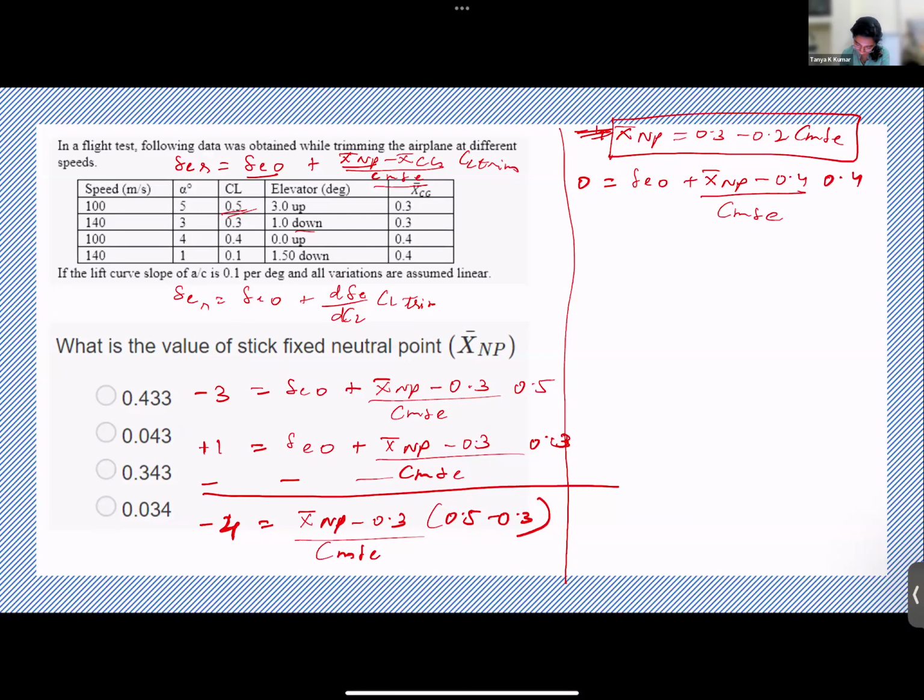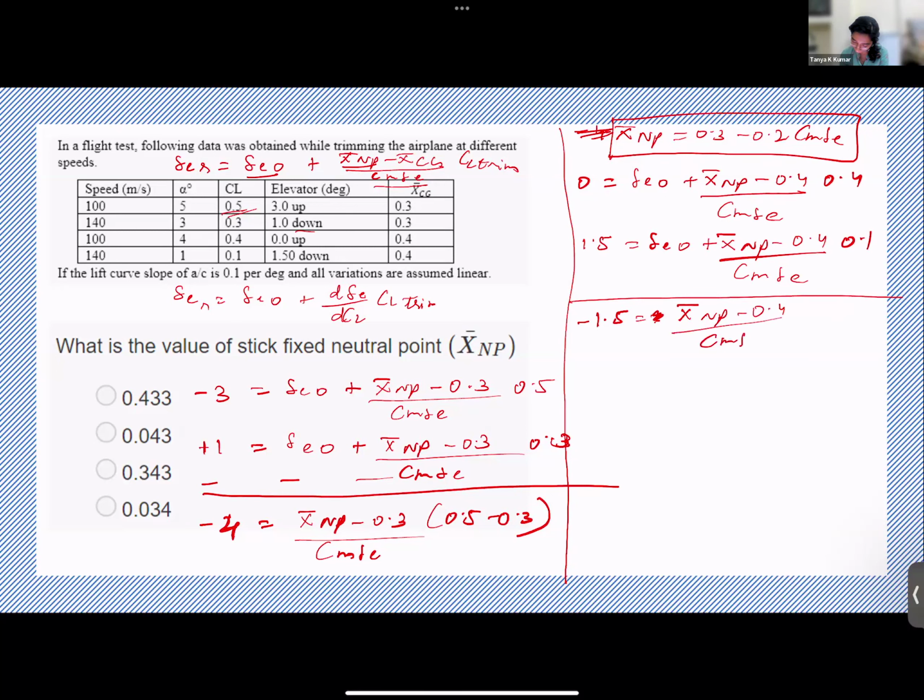Then you have 1.5 downward, so it's plus delta E naught plus x bar np minus 0.4 by cm delta E into 0.1. Again, solve these 2 equations and you get minus 1.5 equals x bar np minus 0.4 by cm delta E into 0.4 minus 0.1, which is 0.3.